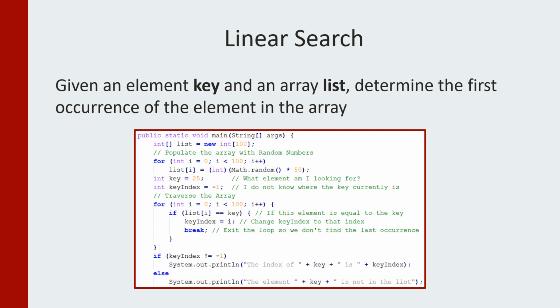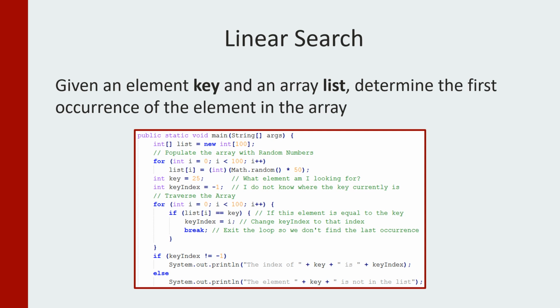Good. Now, at the end of this loop, either you found it or you haven't. So if the key index is not -1, you will say the index of the key is at whatever index you found it to be at, and otherwise you would say, well, key index is equal to -1, and therefore that element is not in the list.